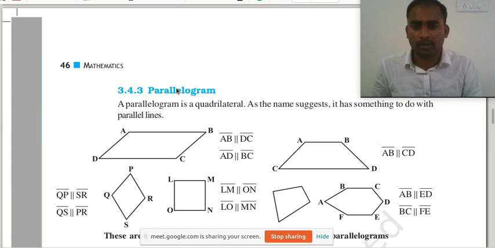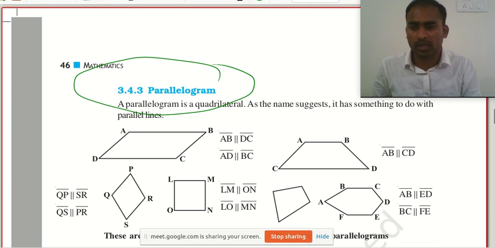Here we have one more type of quadrilateral. One more type is a parallelogram. How are we calling it a parallelogram? And how can we make this parallelogram? We can make this parallelogram by using your set square. There are two different types of set squares.